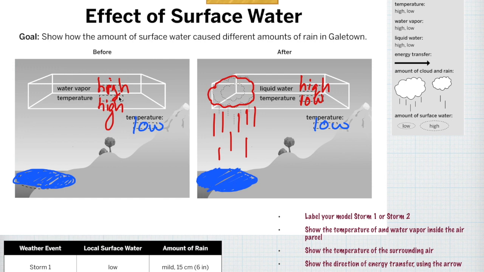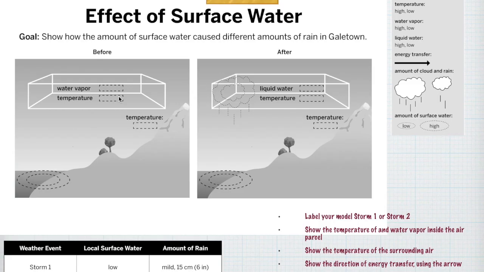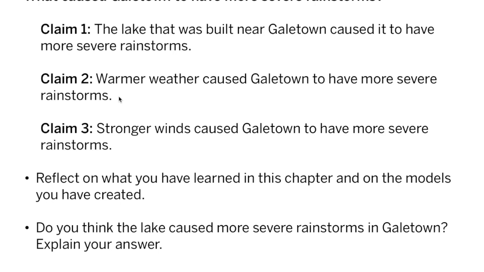So you're not going to have any other work besides sending me the answers on the Word document. But tomorrow you're going to go over and write a CER for what caused Gale Town to have more severe storms. You're welcome to use these two models to explain how surface water, the increase in surface water, can increase the amount of rain in a storm.